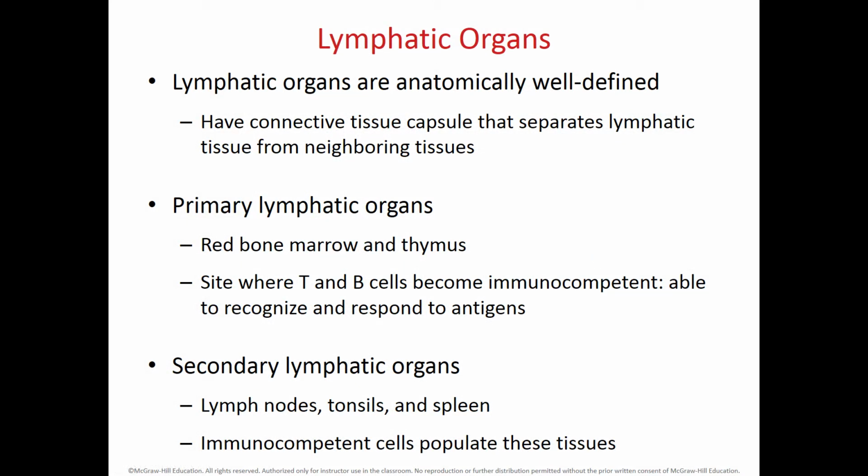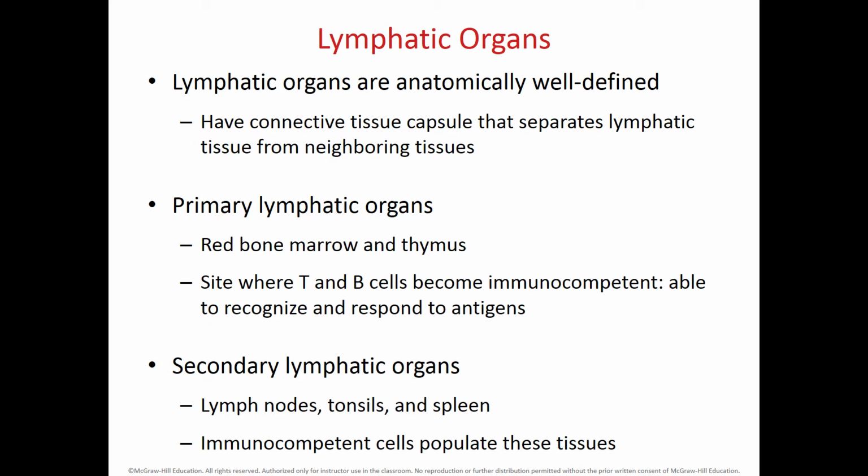Now for the lymphatic organs, they are anatomically defined because they have a fibrous capsule, and because of this, these organs are definitely separated from the neighboring tissues. We have a subdivision of the lymphatic organs, primary lymphatic organs and secondary lymphatic organs.